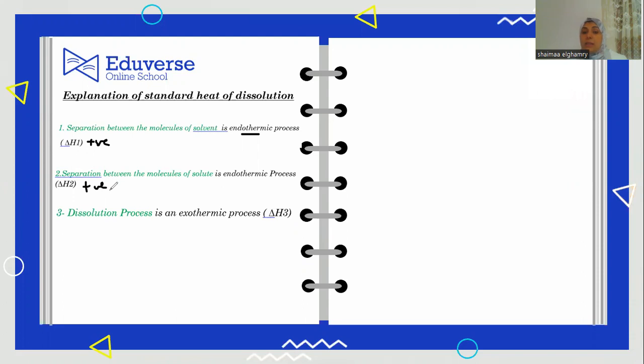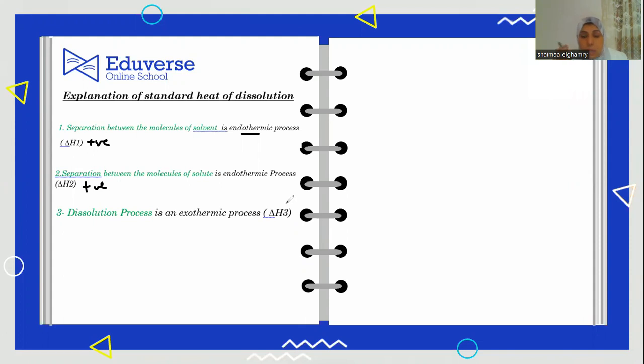And the last step, the dissolution process, which is an exothermic process, delta H3. Or we can say that the third step is the combination between the solute particles, which are separated, and the solvent particles, which also are separated.